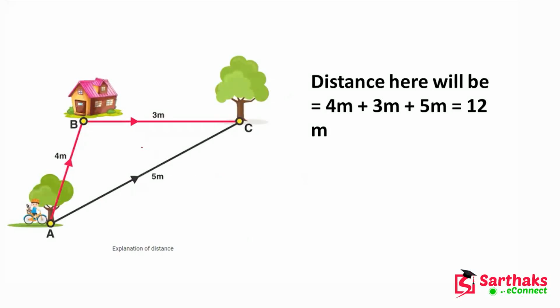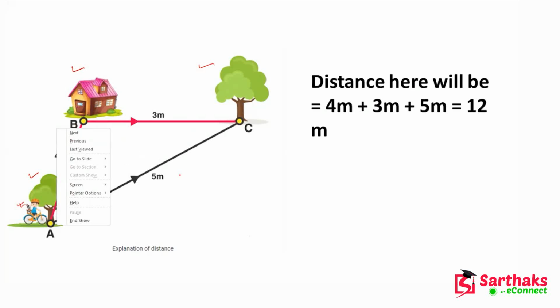Now here, whatever I have told you, suppose this is your house, a very good looking house, and here you have some tree, and here you have a big tree, and this is this cute person. It may be one of your friends. He has started the journey from point A, might have gone to point B, then point C, then again come back to point A, right?